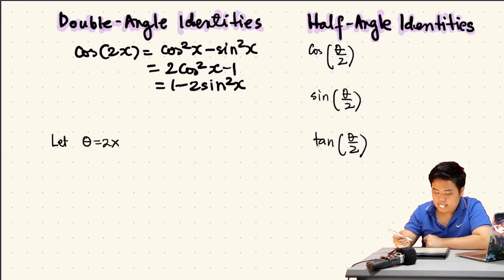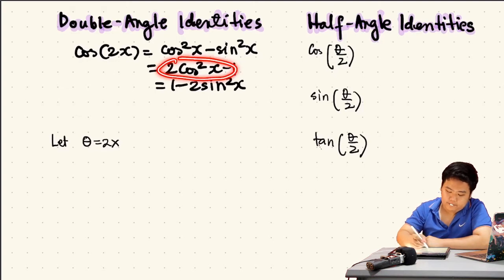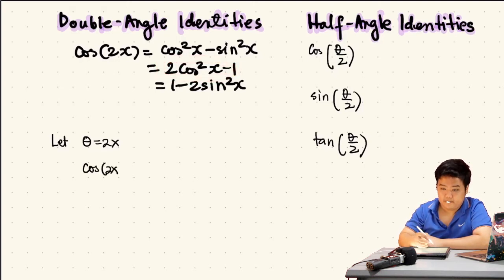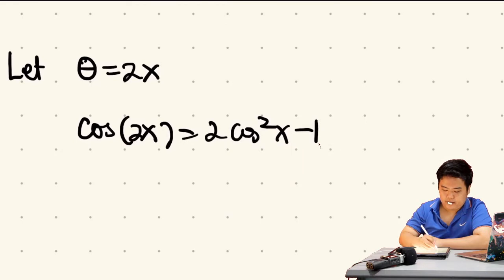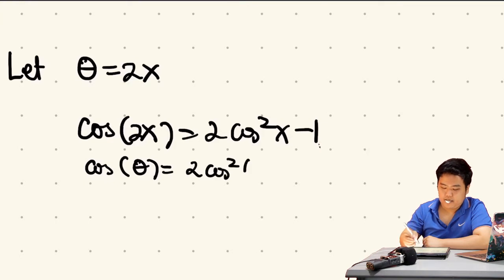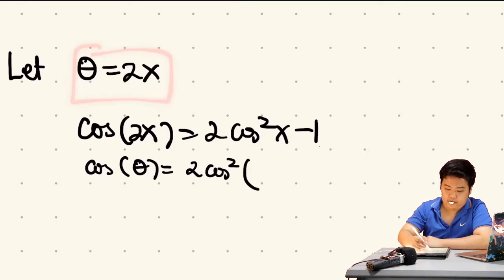And pili tayo na isa. Sige, piliin natin ito. So, cosine 2x is equal to 2 cosine square x minus 1. So, we get cosine theta equal to 2 cosine square x. In terms of theta, gagamitin natin ito.